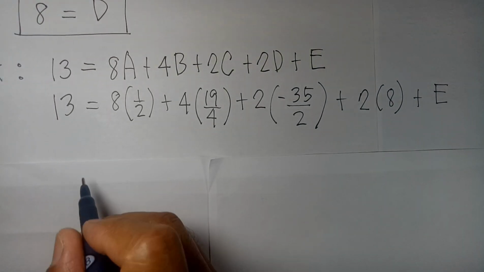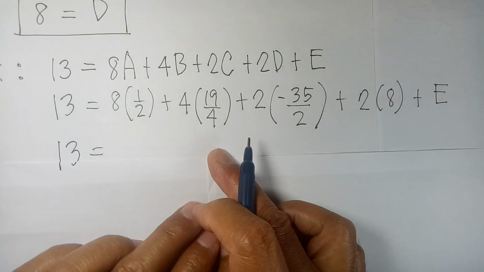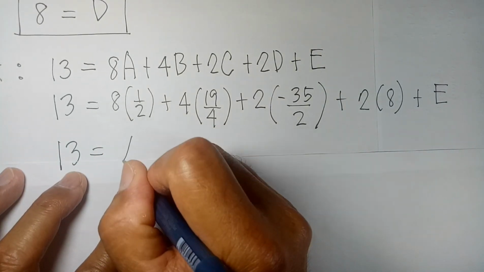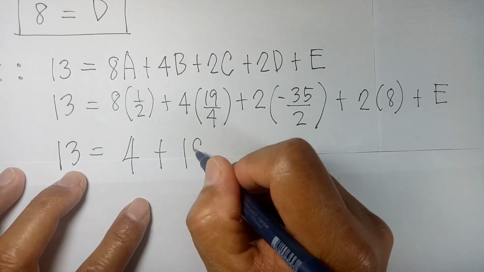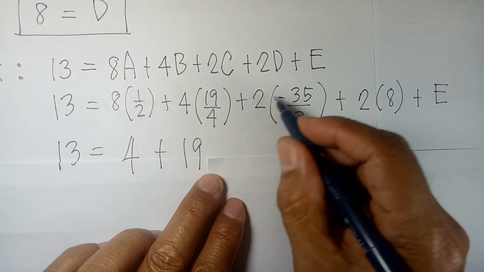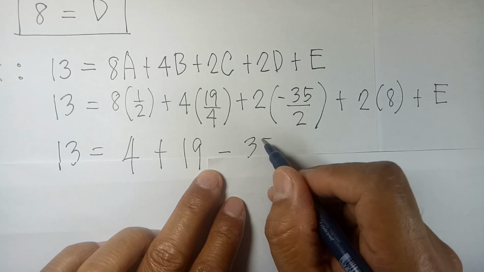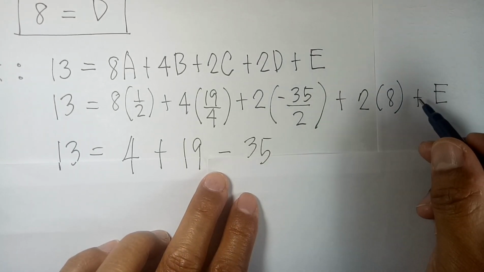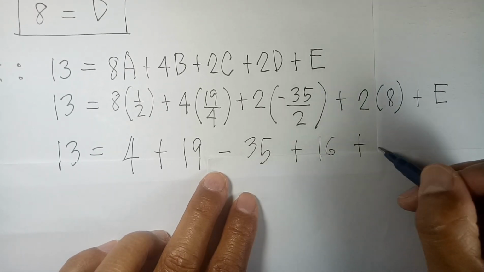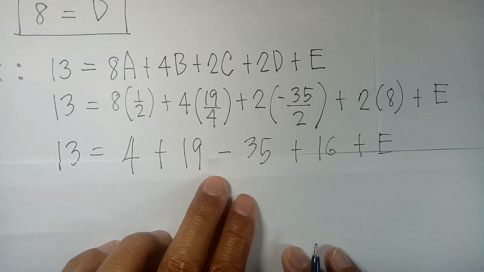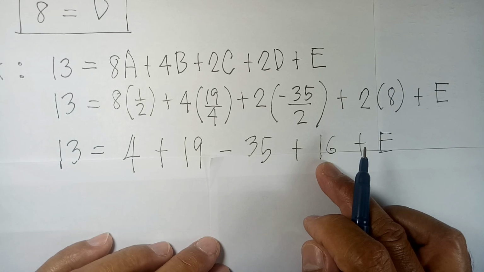Okay, so meron tayong 13. So 8 times 1/2 ay 4. Cancel 4. So plus 19. Cancel 2. So we'll have negative 35. No? And then plus 16. Plus E. So 19 plus 16 ay positive 35.